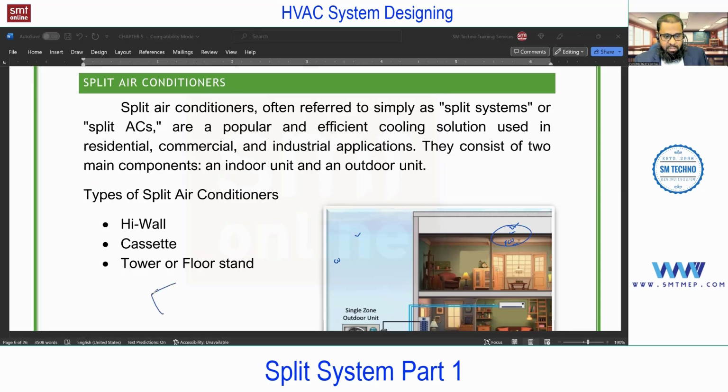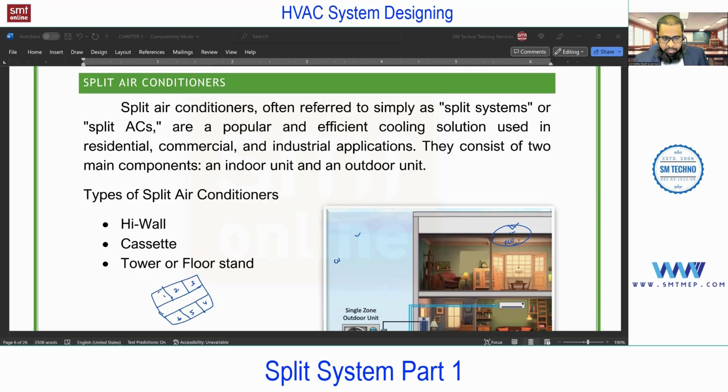For example, consider a floor with multiple rooms, say a total of 6 rooms: 1, 2, 3, 4, 5, 6. In general, we call them rooms. Technically, for mechanical or electrical, we call them spaces. So these are all total 6 spaces.